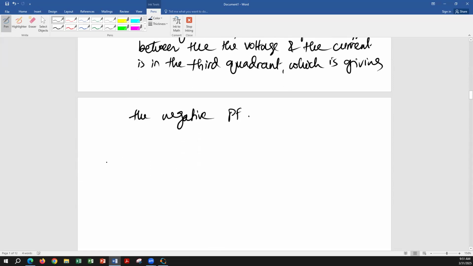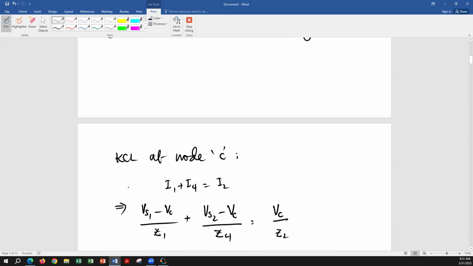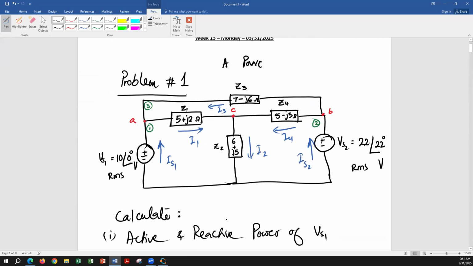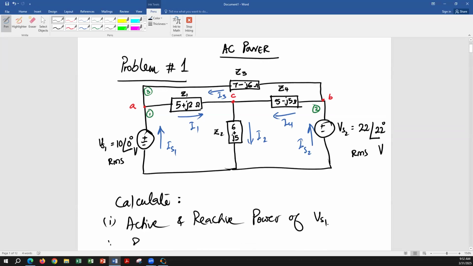All right, let's move on and do part number 3 now. To do part number 3, that is to calculate the power of VS2, what do we need to do? We need to find the current IS2. And to find the current IS2, we write the KCL equation again. And the KCL equation is going to be what? IS2 is equal to I4 plus I3, yes.